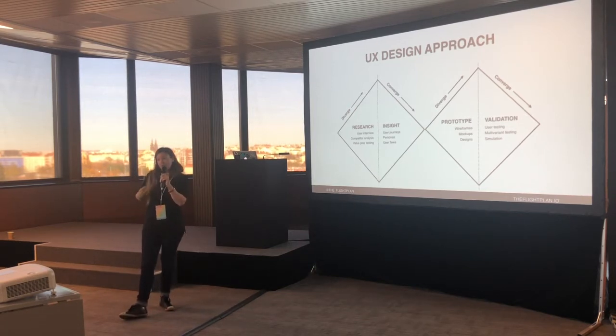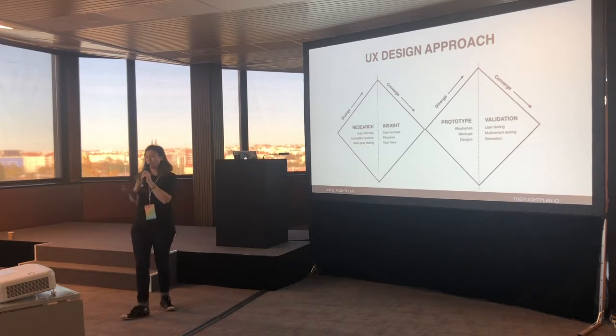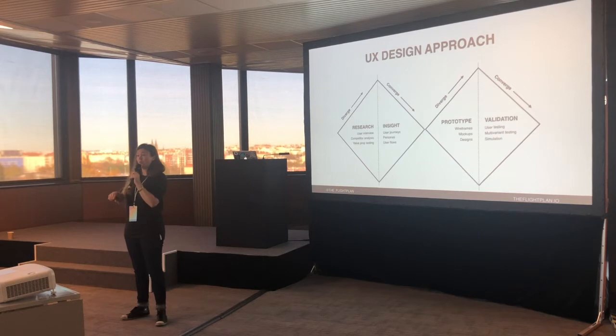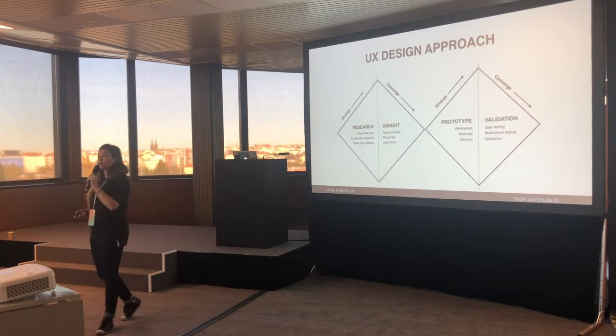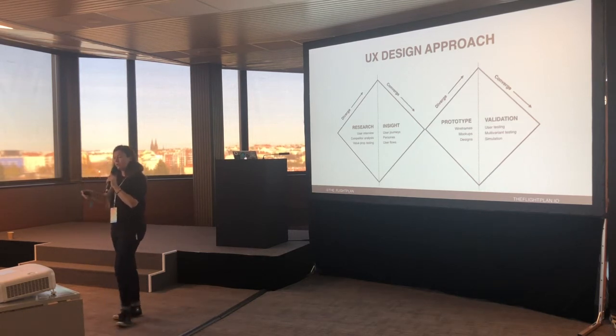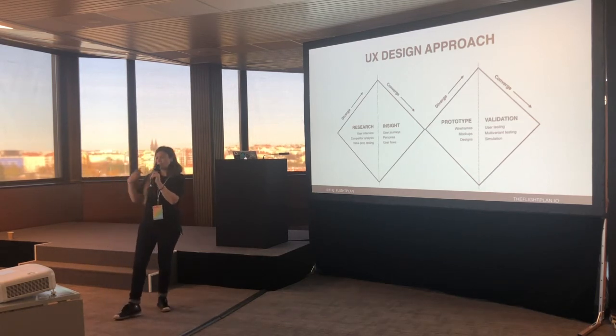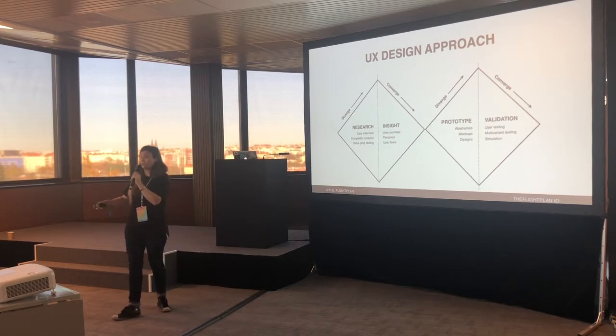And then using that prototype, that gives us something to actually put in front of the user and test with them, so we can validate whether we're accurate or inaccurate, or capture some more learnings about whether they actually like what we think. And this is really important because we keep going through this cycle, and we do a lot of this before we actually build out our solutions further and further.